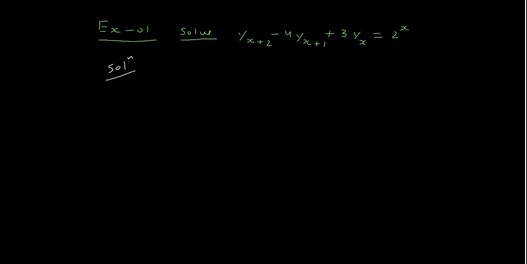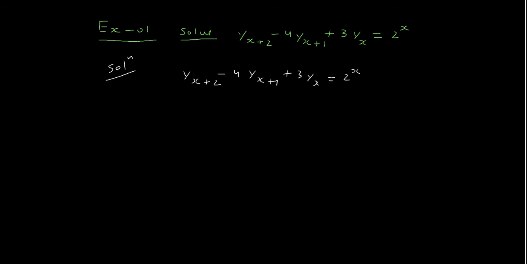First we write this difference equation in standard form, in terms of the shift operator. This can be written as y(x+2) minus 4y(x+1) plus 3y(x) equals 2 to the power x.